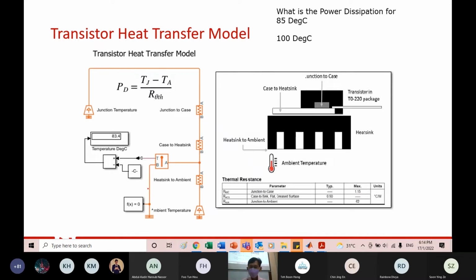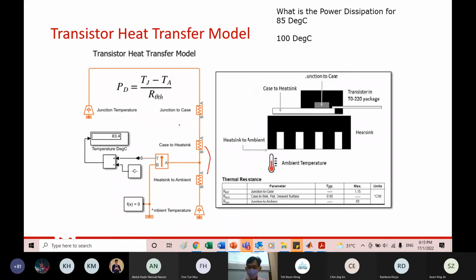Now with all these three thermal resistors, you can key in the values. Then with that, you can actually model the junction temperature and so forth.